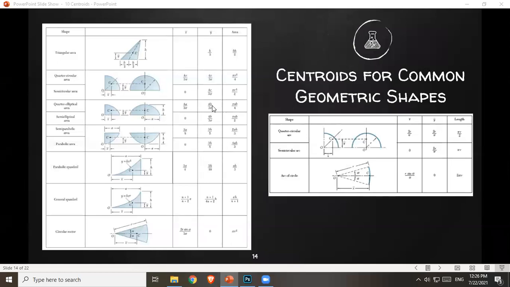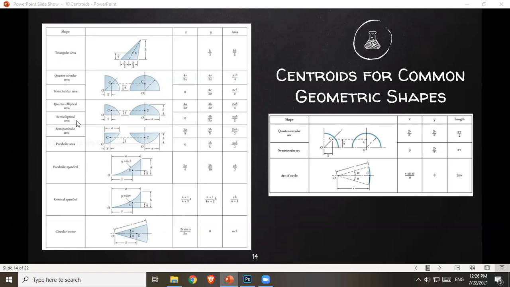And then the y bar, distance from the centroid to the base of your quarter ellipse, is 4b over 3 pi. And b is half a minor length of your ellipse. Okay, and then the area of a quarter ellipse is just pi ab over 4.